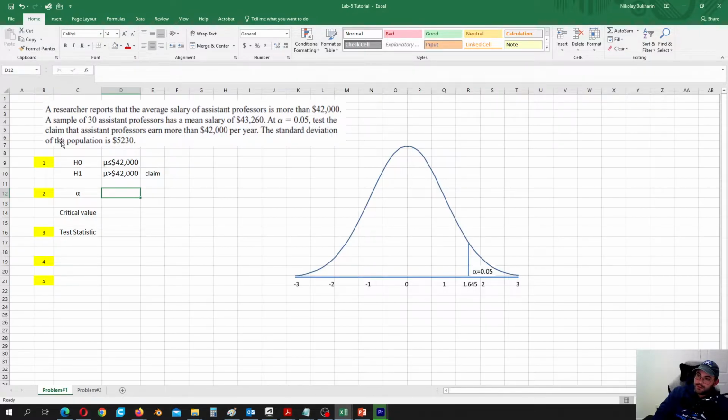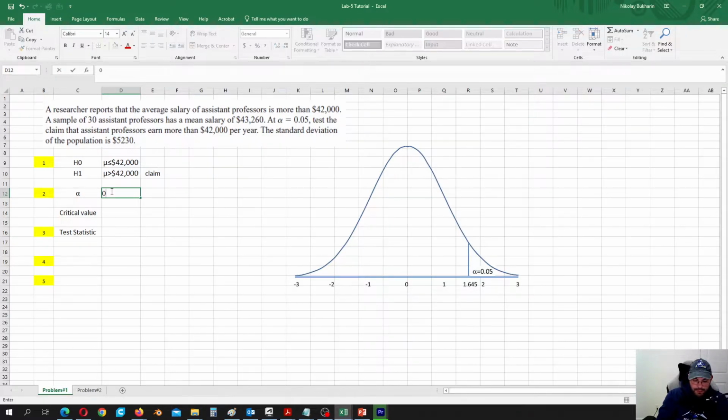Since it's more than, it's the right tail. And the population standard deviation is known, perhaps from a previous study, and is equal to 5,230. So we are going to use the standard normal distribution, and this is a right tail test.